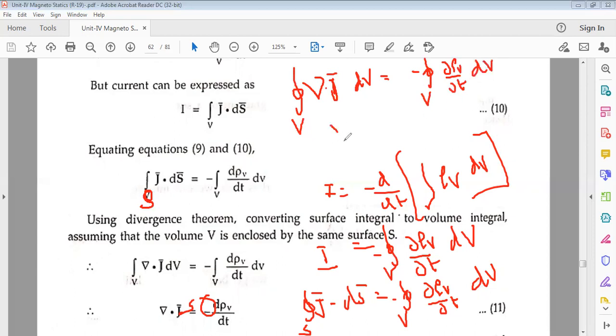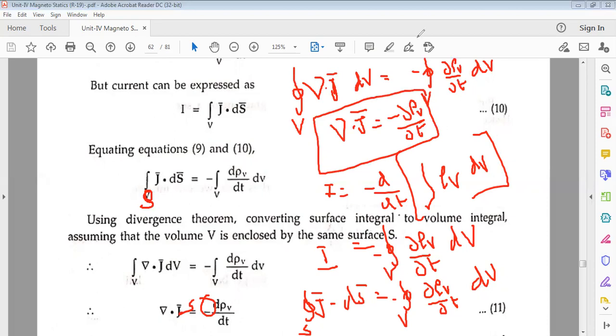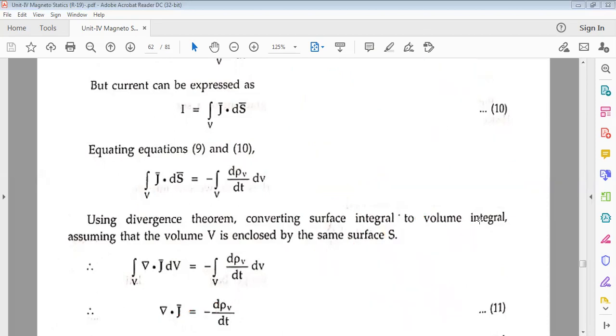On both sides is the volume integral, so del dot J̄ is equal to minus ∂ρv/∂t. Nothing but the continuity equation, my students. It is also very important from an examination point of view. Del dot J̄ is equal to minus ∂ρv/∂t, the continuity equation.